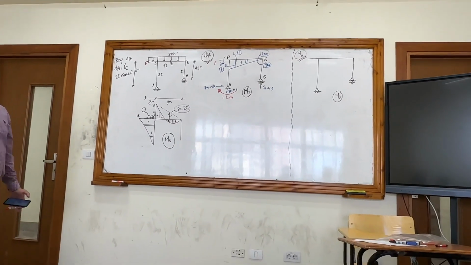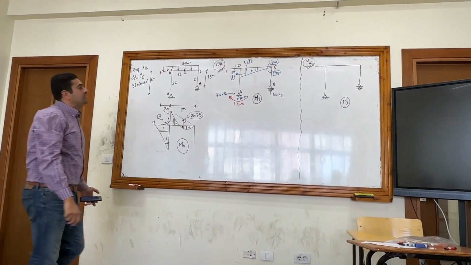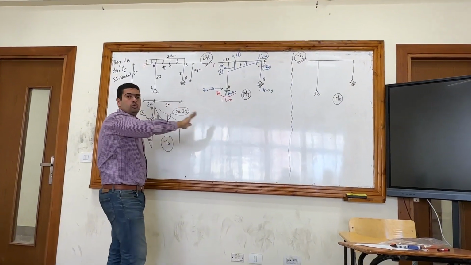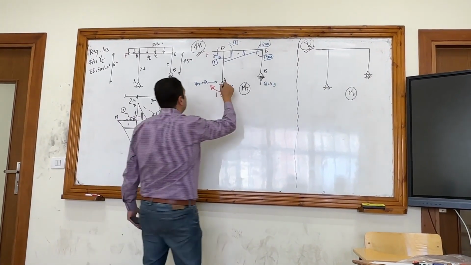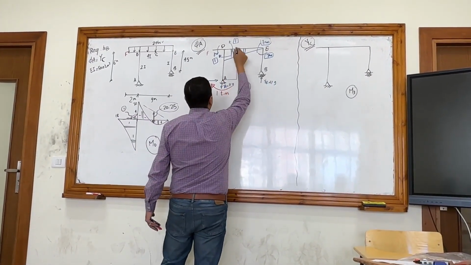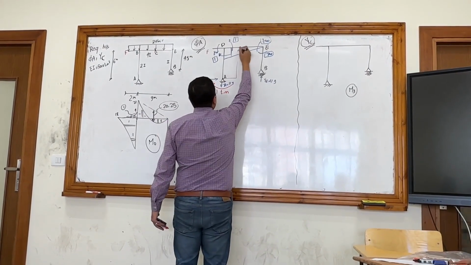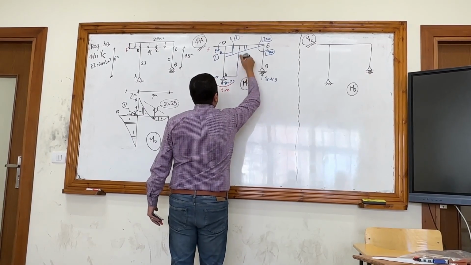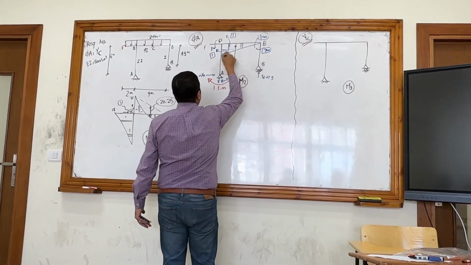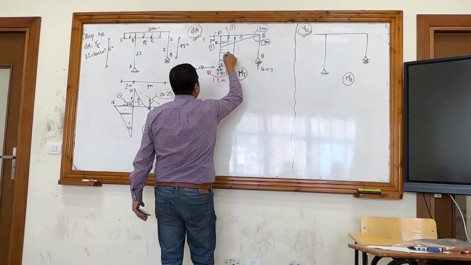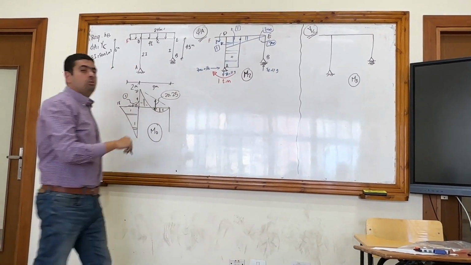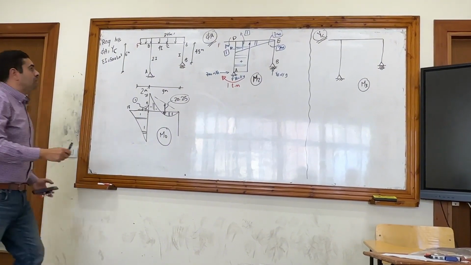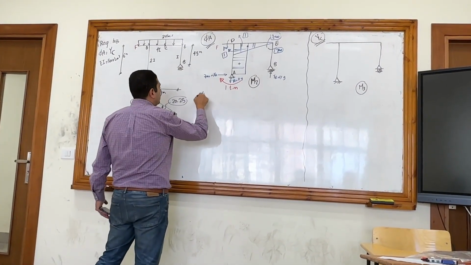For the member DA, the moment at D is 1 to the right and the moment at A is also 1 to the right. So there is a rectangle here, and it will be positive moment. So this is M2.